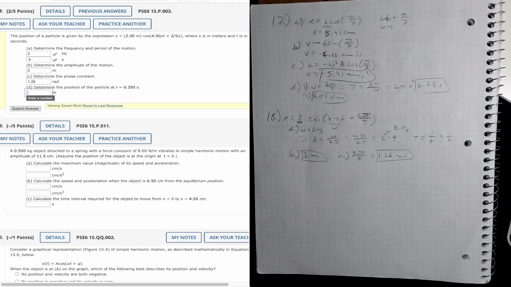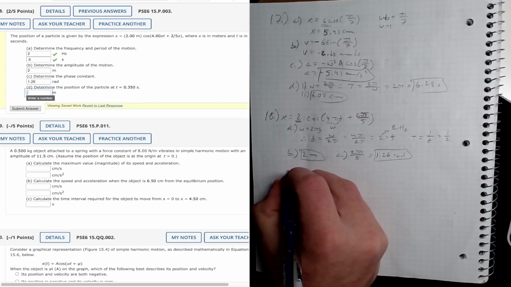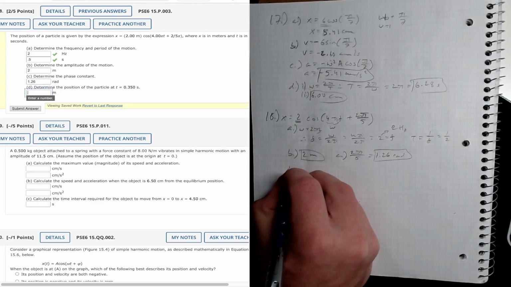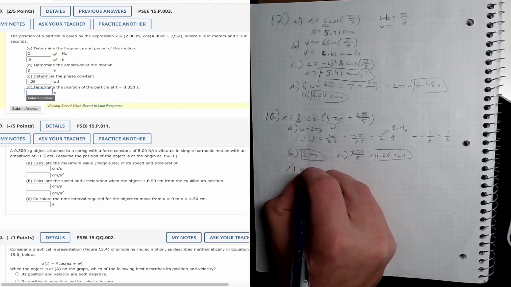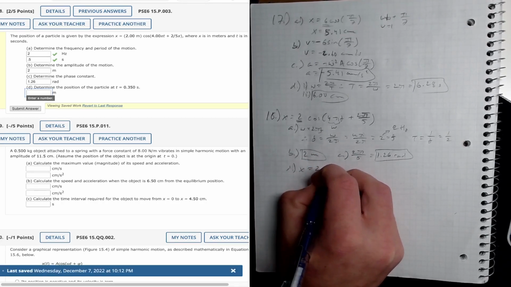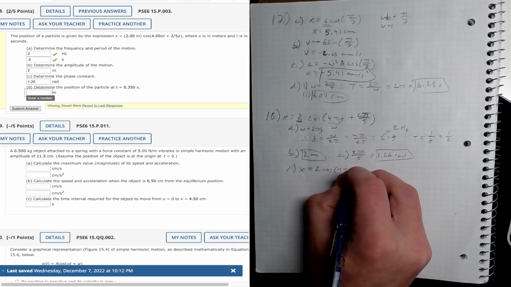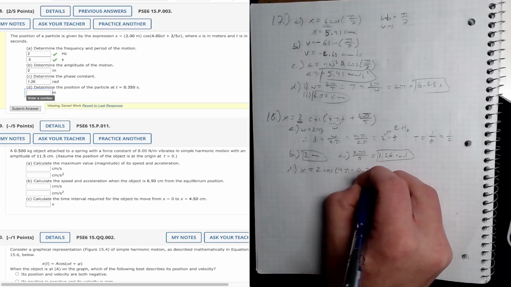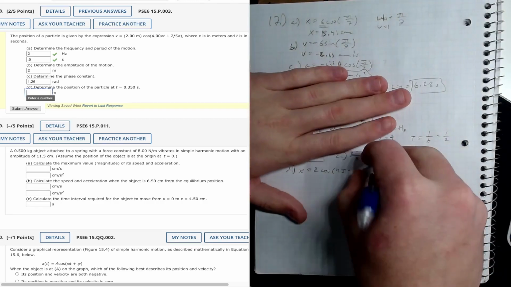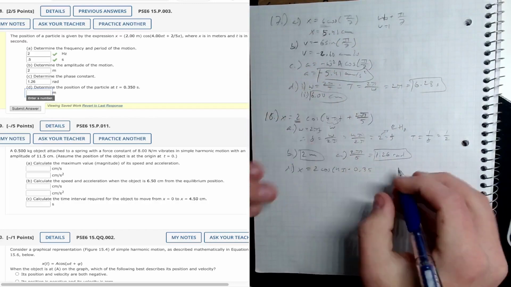And then determine the position of the particle at t equals the given times, A, B, C, D. You just plug in the value for time, so that's equal to 2 cosine of 4 pi times 0.35 seconds plus 2 pi over 5.